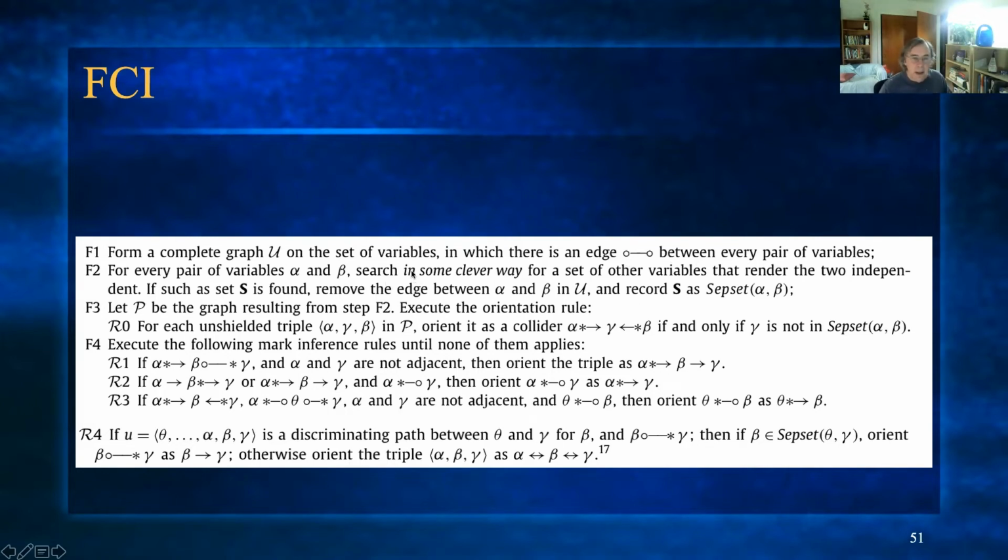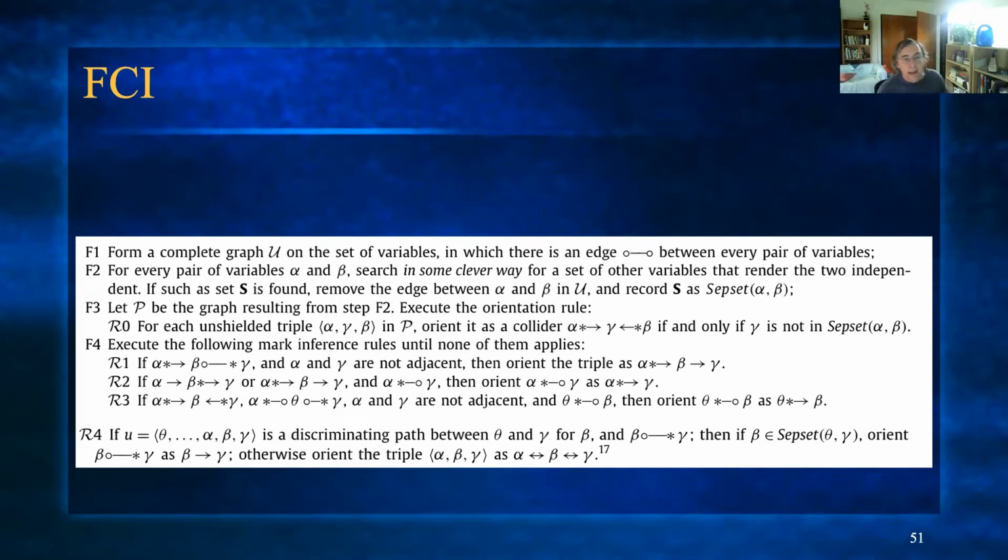And then there's some complicated stuff, but I have to search in a clever way for a set of other variables that renders the two independent. And if I find such a set, I remove the edge and I record what that set was, just like PC would. The only difference here is, as I said, it's a much more complicated step because I have to look at variables who might be far away, and I might have to look at a much larger subset of variables.